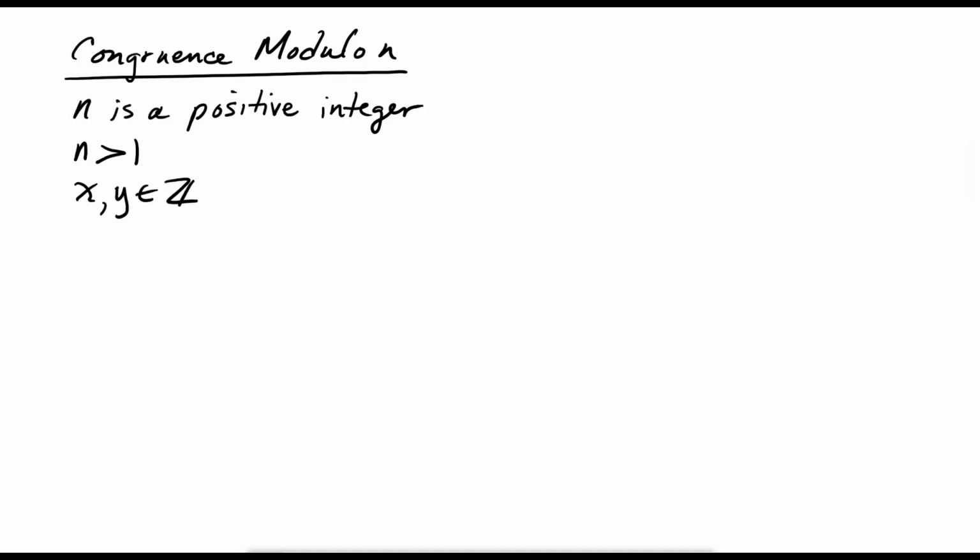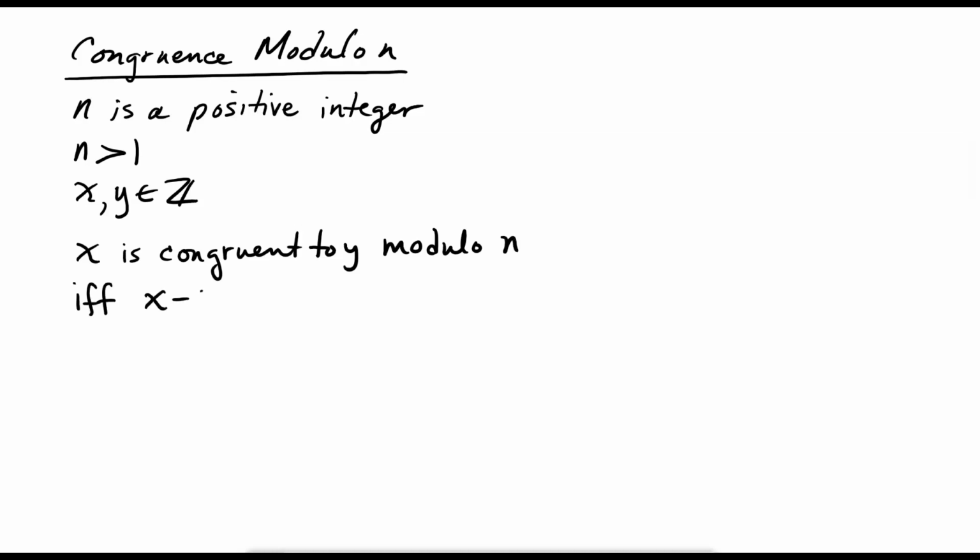Those are also integers. They don't have to be positive, but they are integers. And we say that x is congruent to y modulo n if and only if x minus y is equal to a multiple of n, which means that it's equal to n times k for some k in the set of integers.